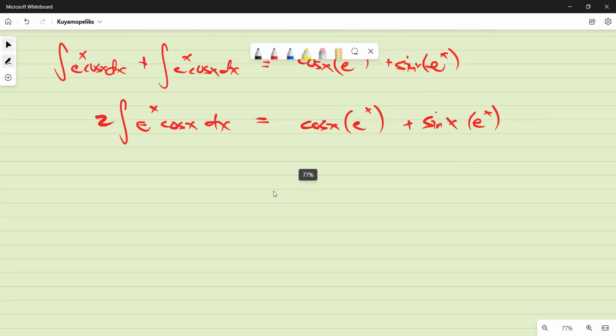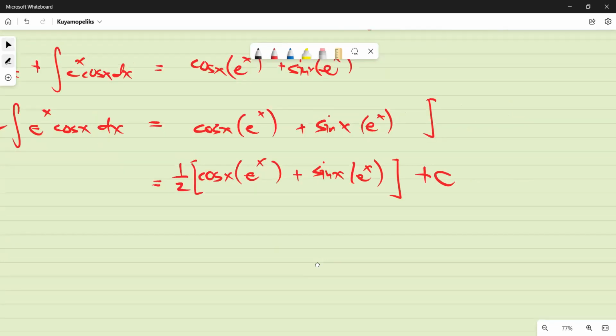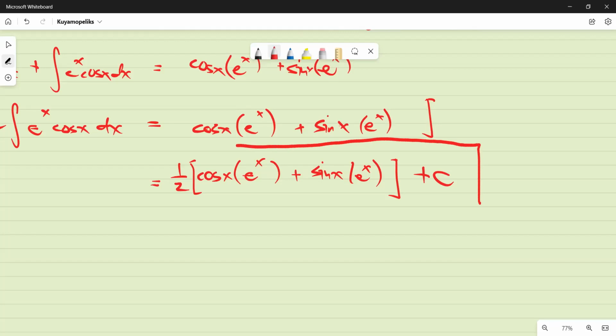Okay? And what we can do para bumalik tayo sa original given, i-divide natin everything by 2, or multiply everything by 1/2. Pwede yan. So that will become 1/2 cosine x e to the x plus sine x e raised to x, quantity, plus C. Don't forget your vitamin C. And that is your final answer.